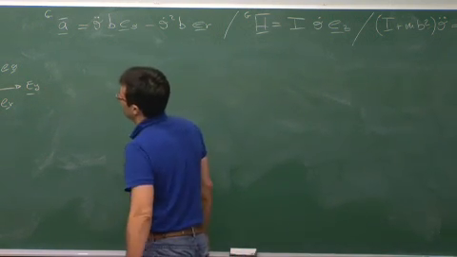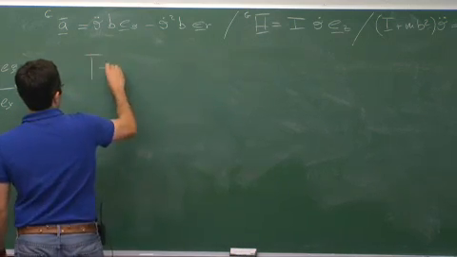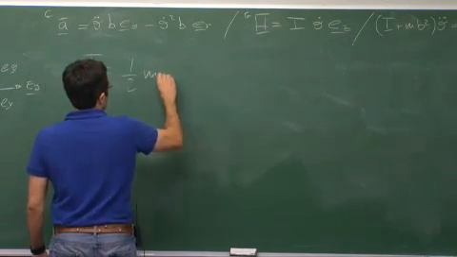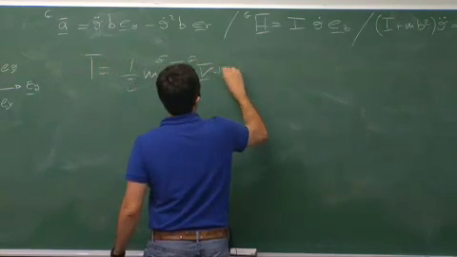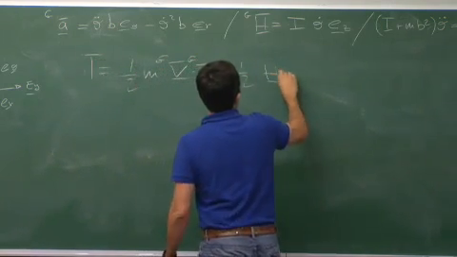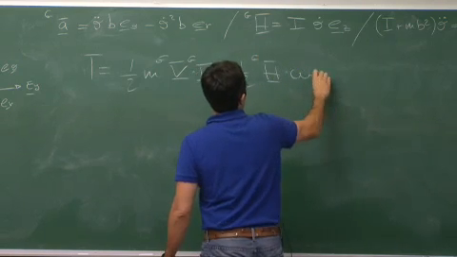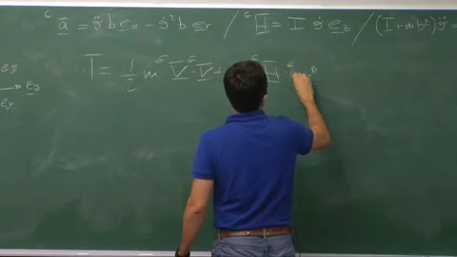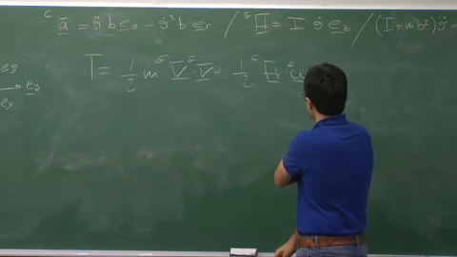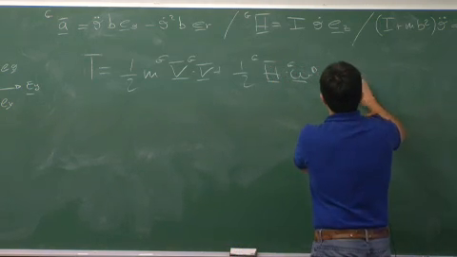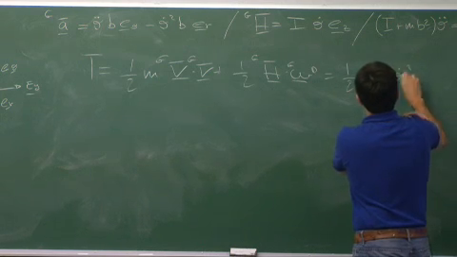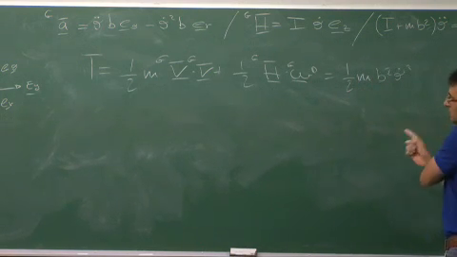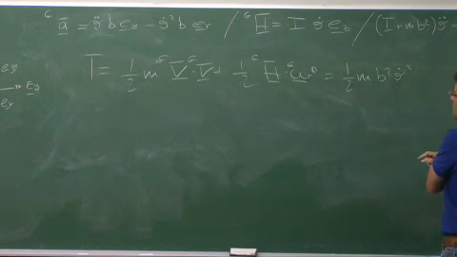No one. I need to compute the kinetic energy, which is 1 over 2 mass, velocity of the center of mass dotted with itself, plus 1 over 2 h bar g dotted with omega dg. And this is going to be 1 over 2 mass b squared theta dot squared, because I think that was the velocity along e theta with the plus.